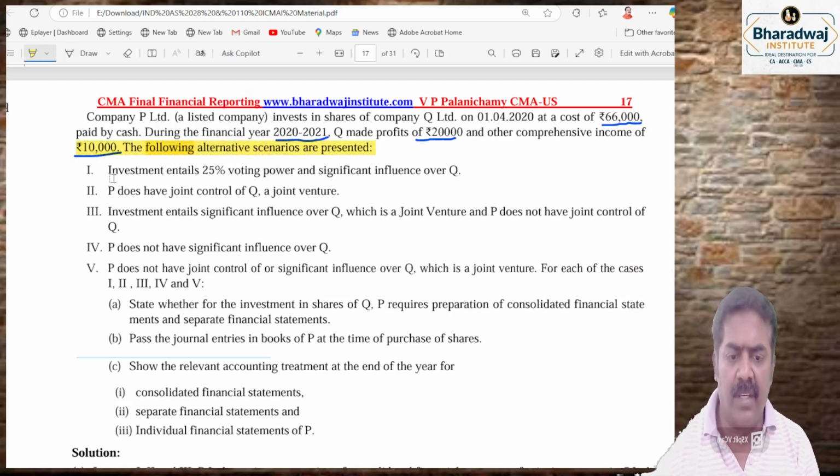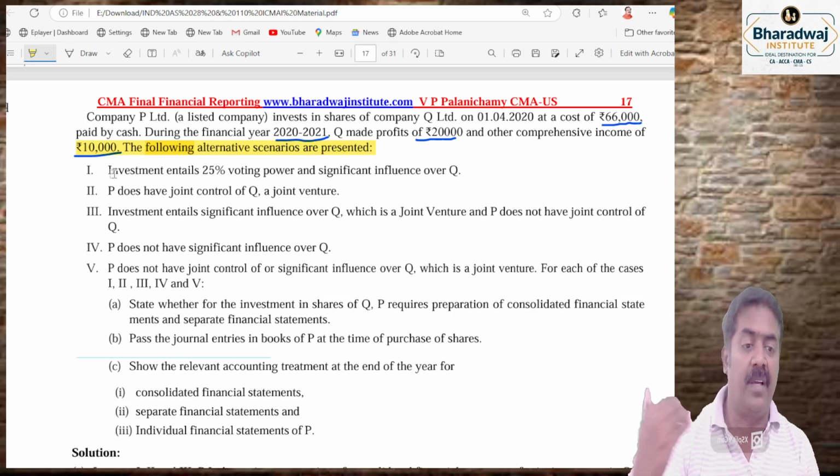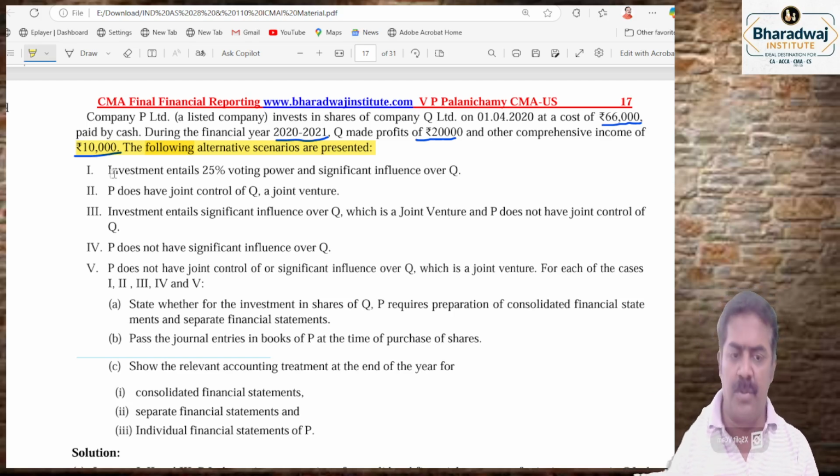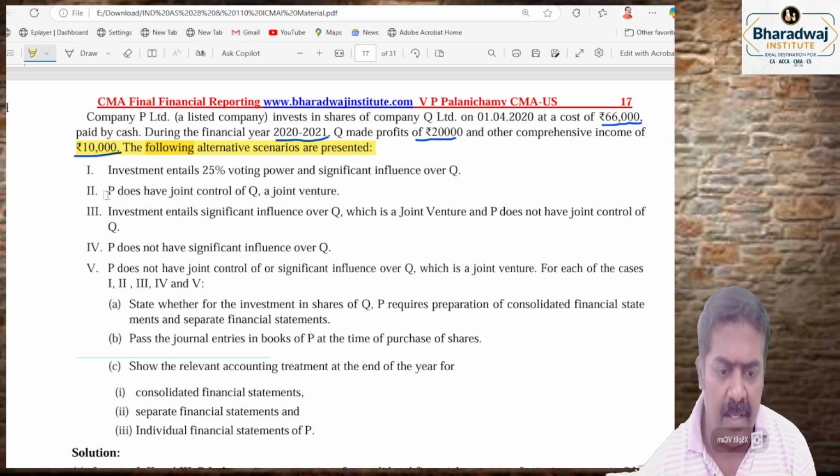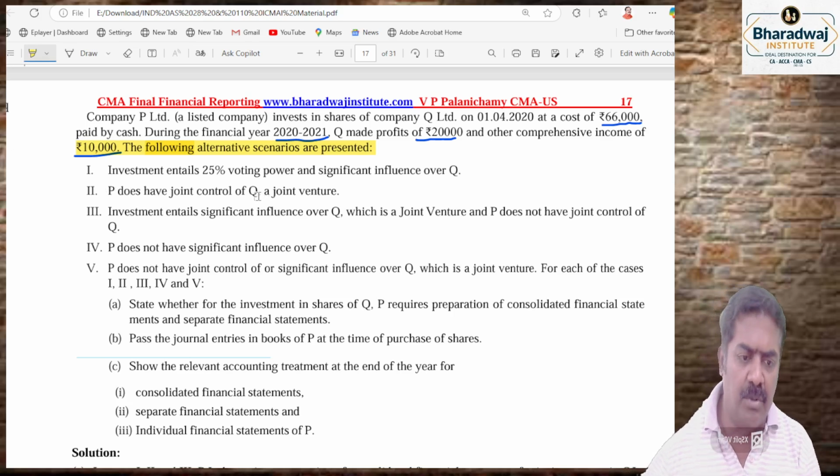Case 1: Investment entails 25% of voting power and significant influence over Q. So it will be taken as an associate. P Limited does not have joint control of Q, so it is not a joint venture.